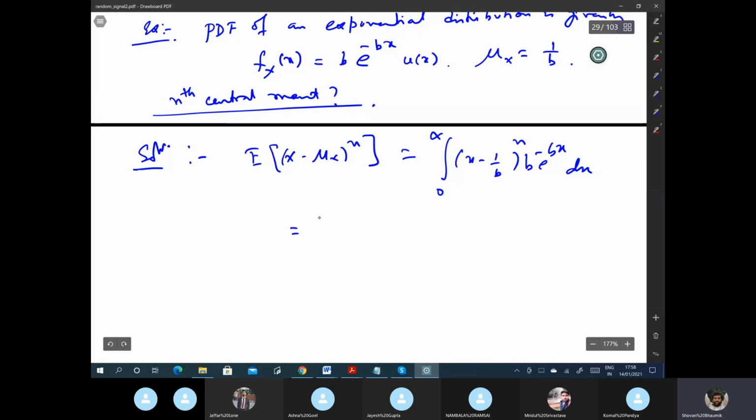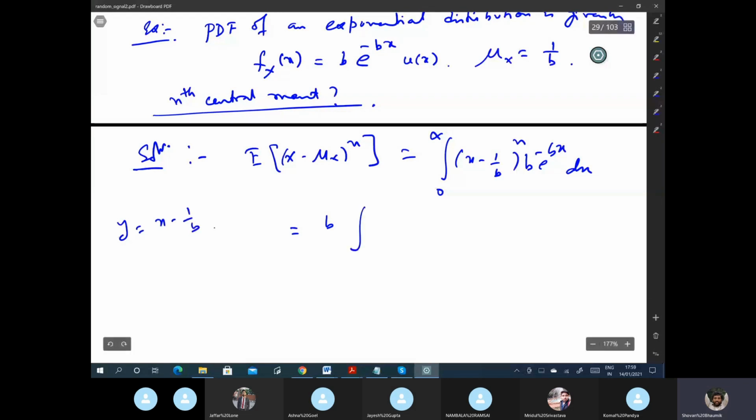This will be equal to b, which will come out. We need to do some transformation. Let y equal to x minus 1 by b, substitution.